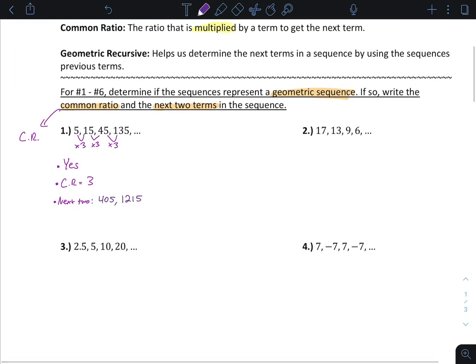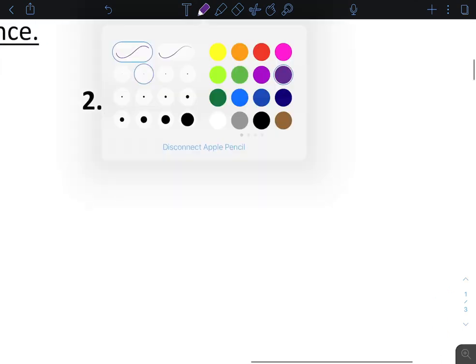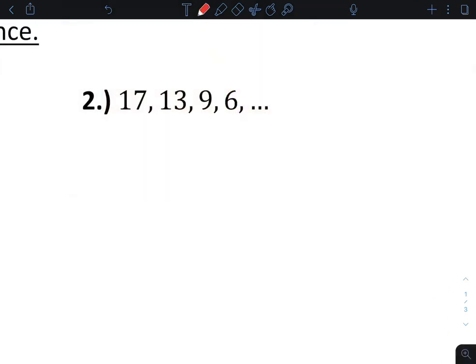So that's the same thing we're going to do for the rest of these first six. So look at number 2 here. What's happening between the first one, 17 to get to 13? Oh, we subtract 4. And same thing here, subtract 4, and then subtract 3.